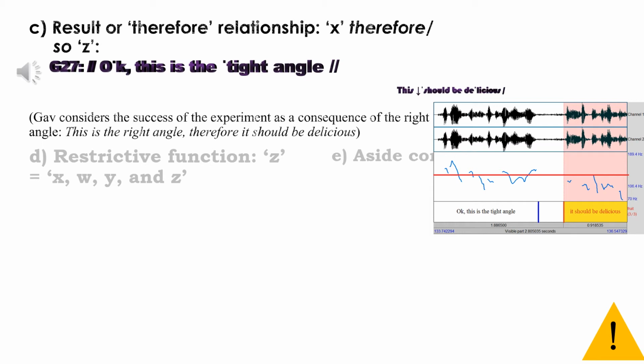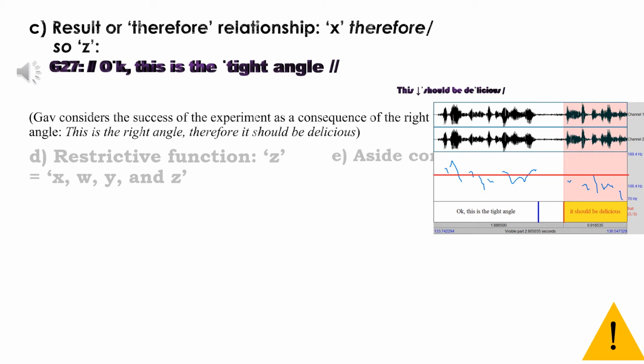This means that if we do have the because connector in B and the result connector, which is so or as a consequence or therefore in C, then we don't need to have the drop in the pitch level. Okay, so be careful about that.